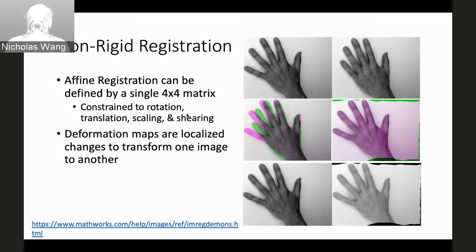But this allows for individual shifts of individual pixels, and you're creating a kind of mapping of the entire volume and seeing where different pixels are moving across it, instead of a generalized 4x4 affine transformation where the entire volume is moving all at once.